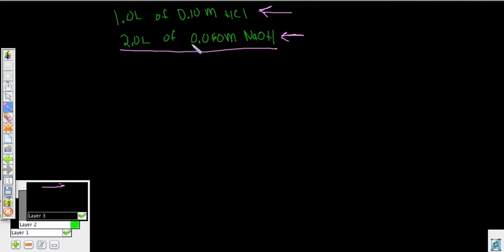Okay, so we know that these are going to completely dissociate, and clearly whichever one has more moles is going to determine the pH, right? So if I end up with more moles of this, I'll end up with more moles of hydrogen, therefore it'll be acidic. If I have more moles of this, I'll end up with more moles of hydroxide, and therefore it'll be basic.